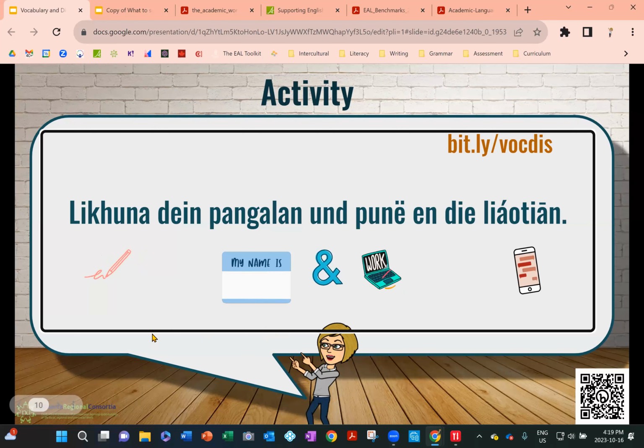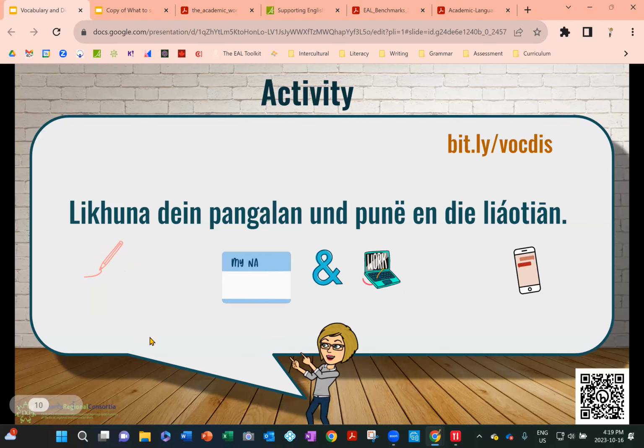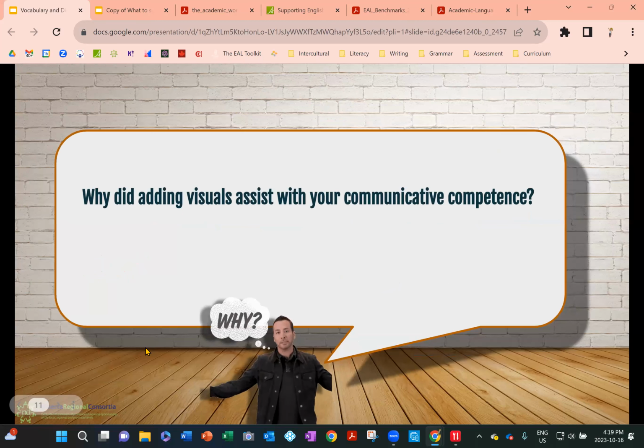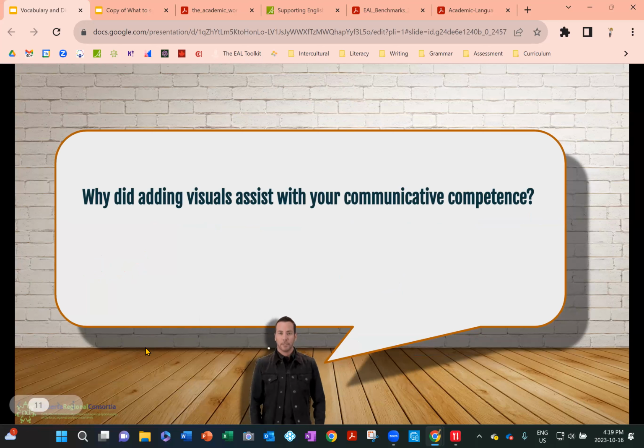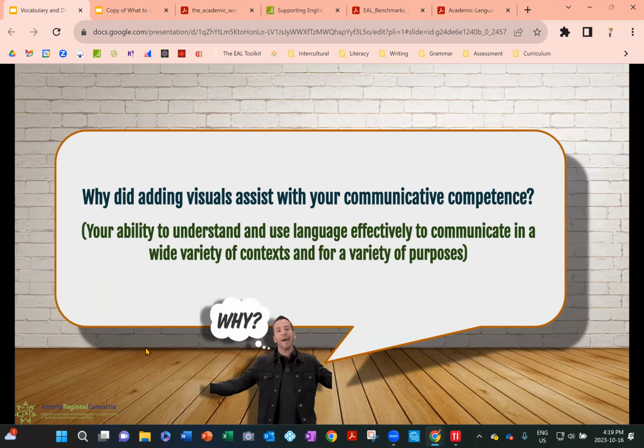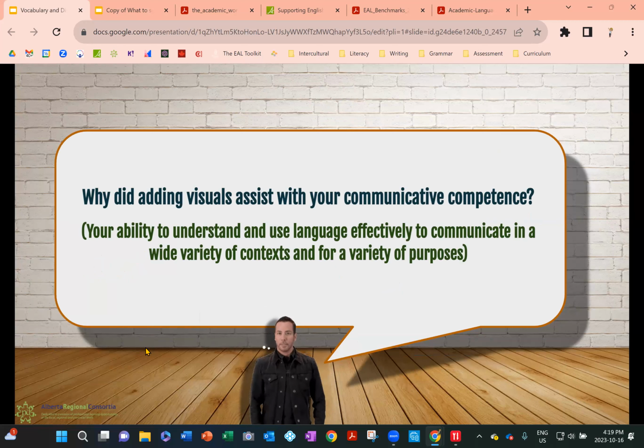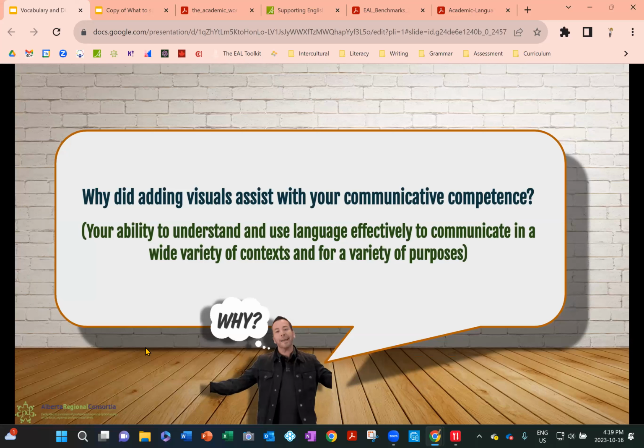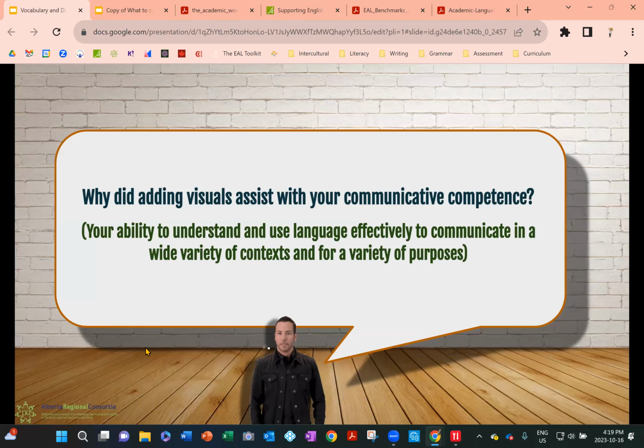So awesome. Great. So why did adding visuals assist with your communicative competence? And communicative competence, again, is that ability to understand and use the language effectively to communicate in a wide variety of contexts for a wide variety of purposes.